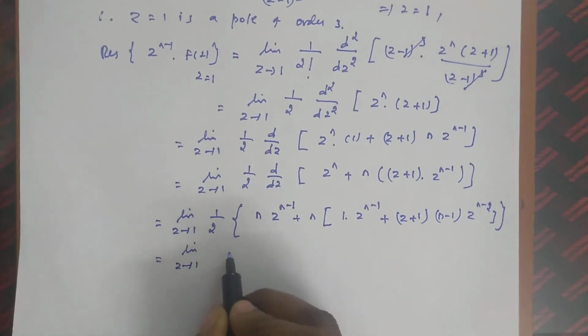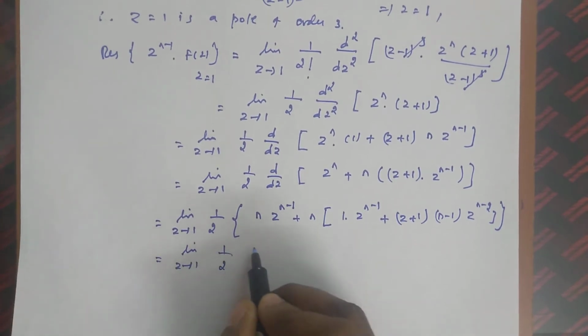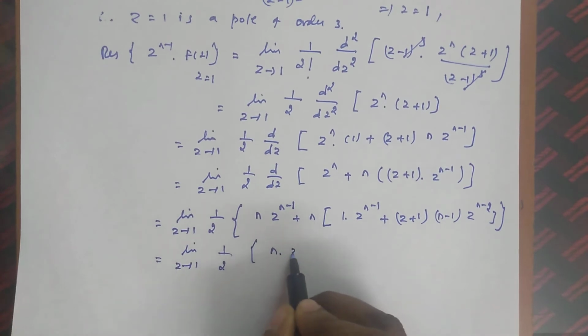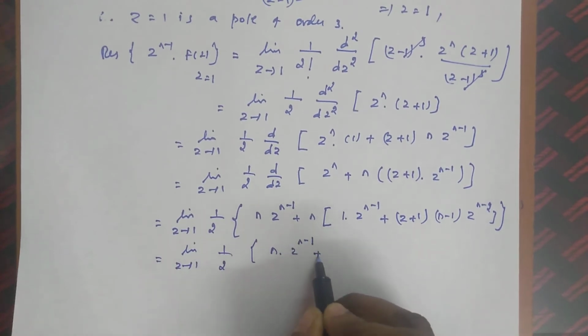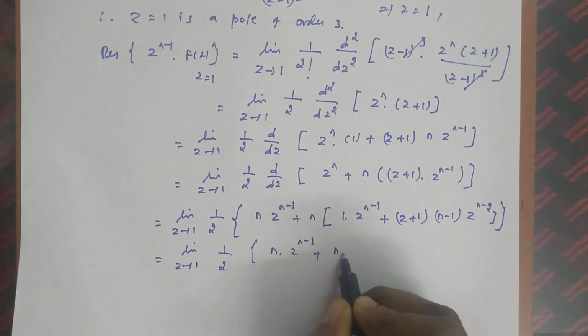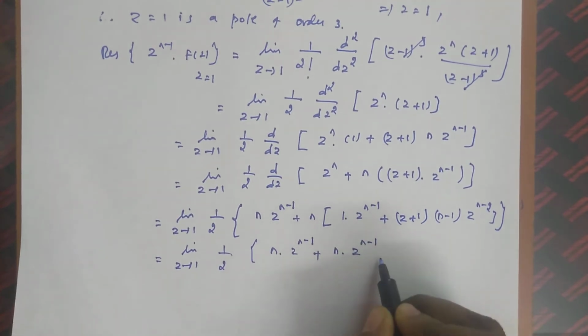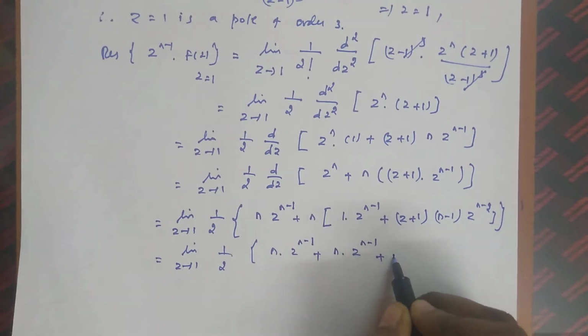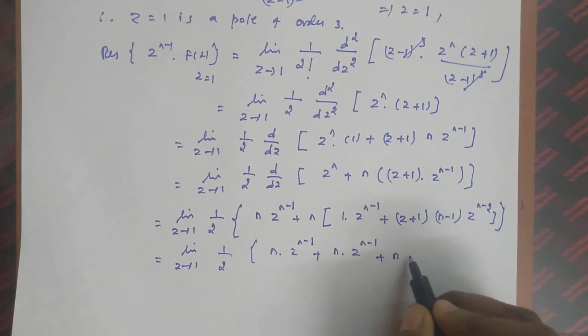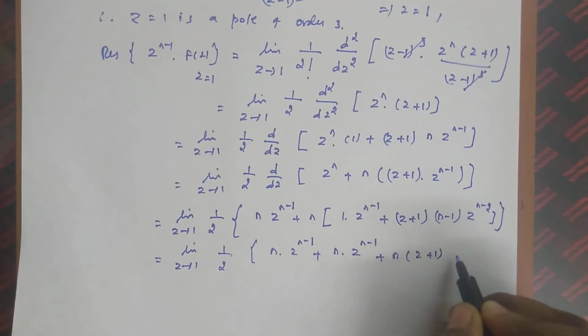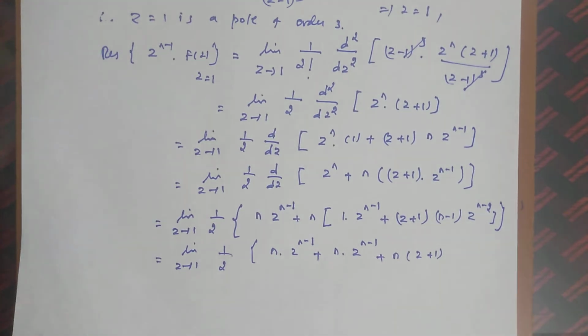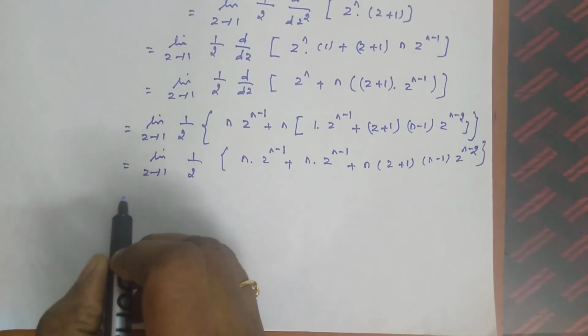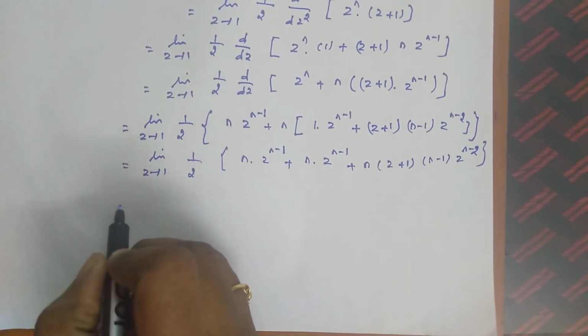1 by 2 into n into z power n minus 1 plus we can multiply with this n into z power n minus 1 plus n into... Now allow the limit z tends to 1.